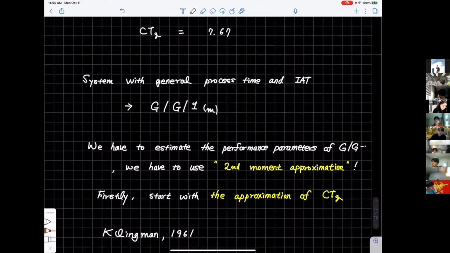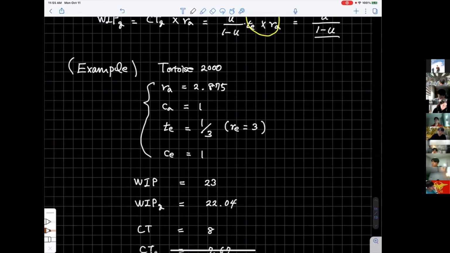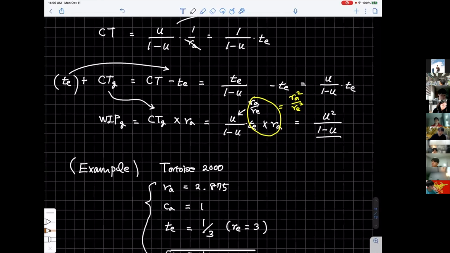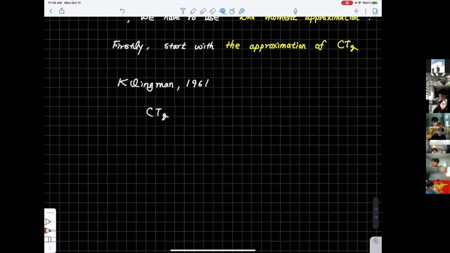How was the CTq of the M/M/1 model? It is here. Let's copy this portion and paste it here. The performance measure CTq of the M/M/1 model is like this.